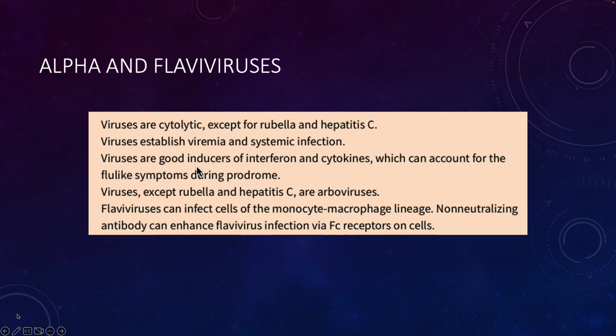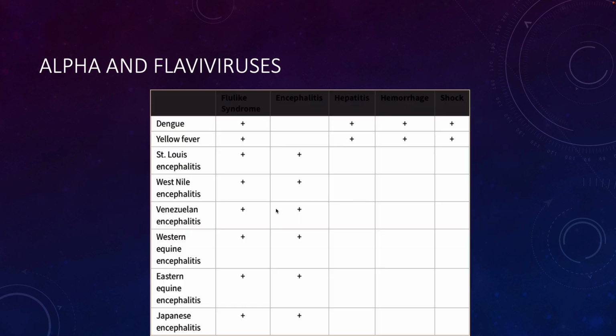They do induce interferon and other cytokines, and that leads to a lot of flu-like symptoms during the early infection. Again, except for rubella and hepatitis C, they are arboviruses. The flaviviruses can actually infect immune cells, and that can lead to enhancement of the infection.